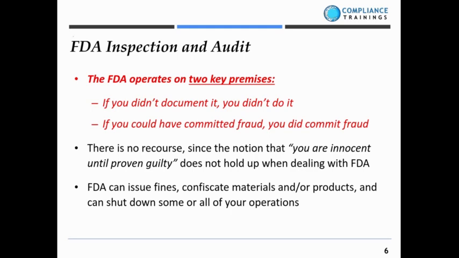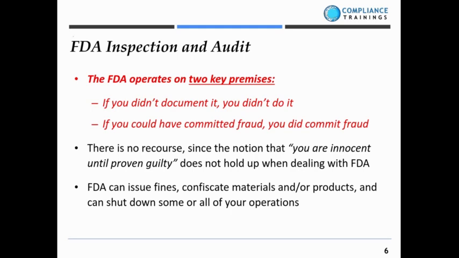If there was a loophole and a way for either your employees to collude on some kind of fraud or to be able to fudge some kind of data, then it's assumed that that was the case. There's no recourse here. The notion that you're innocent until proven guilty may hold up in a court of law in the US, but it doesn't hold up when you're dealing with FDA. It's you're guilty until you prove that you're innocent.